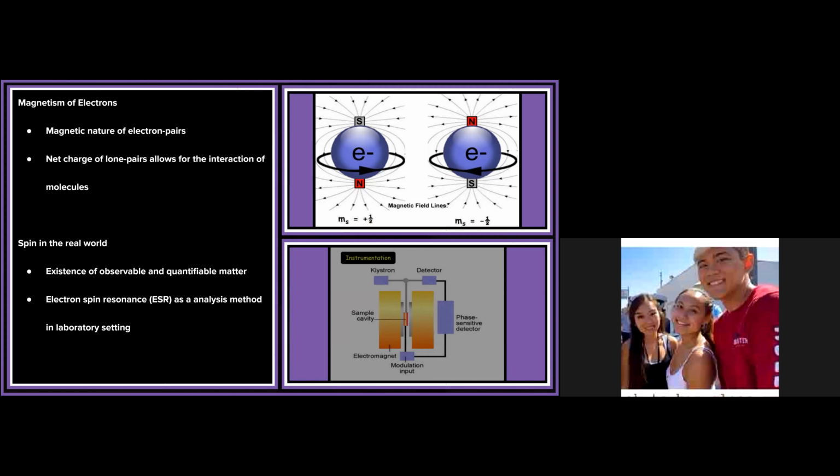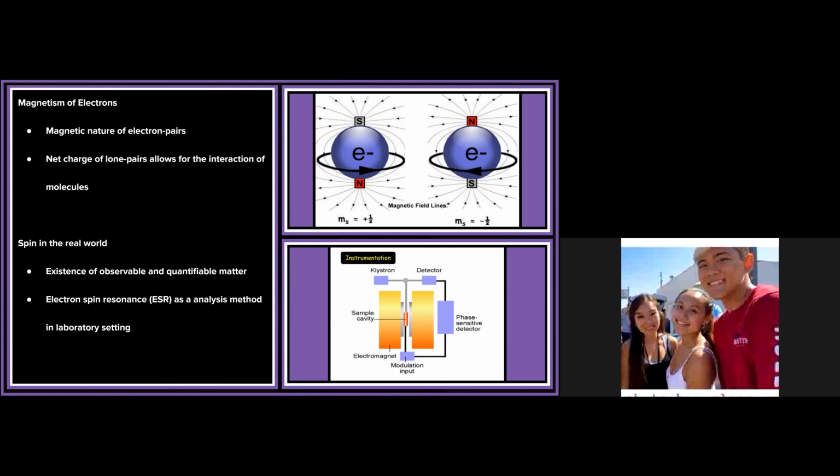Furthermore, in a much more analytical setting, from electron spin, we can also use a very detailed and viable analysis method known as electron spin resonance, also known as ESR, or often referred to as electron paramagnetic resonance.